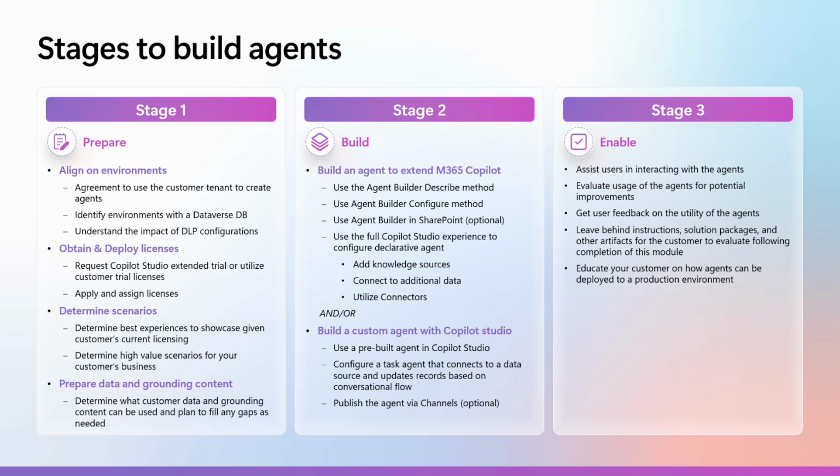Align on environment: agree to use the customer tenant to create the agent, identify the environment with Dataverse, understand the impact of DLP configuration. We need to obtain and deploy licenses, so we need to check if we have the right license.